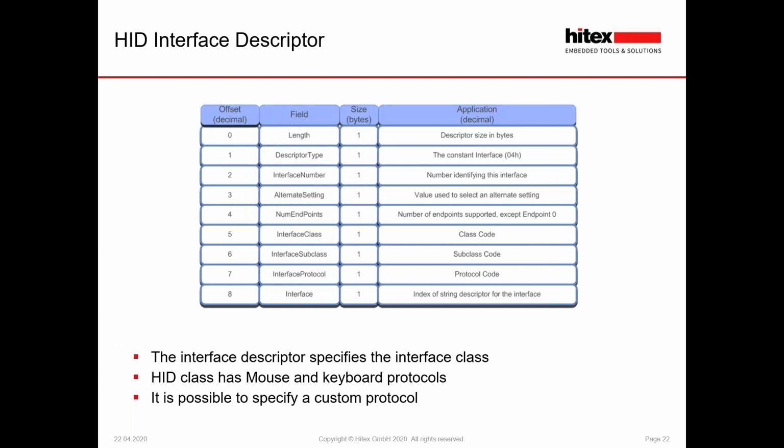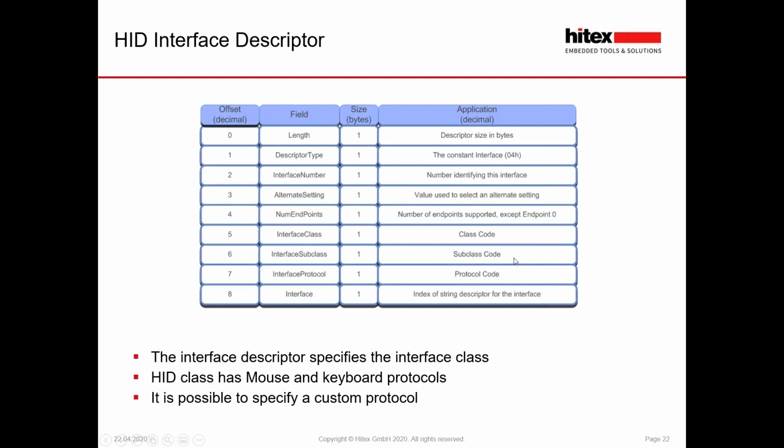So within our device descriptors, we send a bunch of these up to the host when we go through the enumeration phase. One of these is the interface descriptor. In here we'd say we're a HID device, but by modifying the subclass and protocol, we can say actually we're not a mouse or a keyboard, we're a custom device.